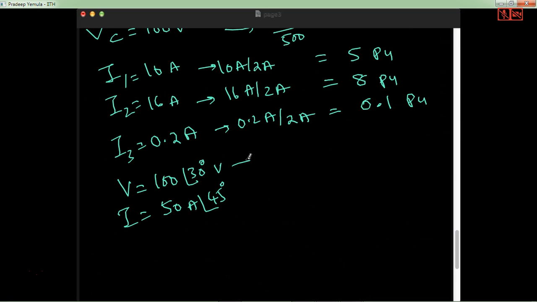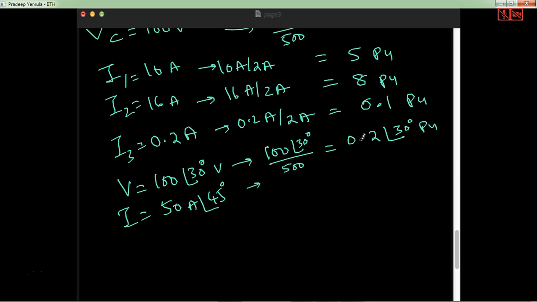So now how to convert to per unit? All the time these per unit base quantities are always just scalars. They are not having any angle or anything. So simply you divide 100 at 30 degrees by your base voltage 500 volts. Then you will get 0.2 at an angle of 30 degrees. So the angle will remain same. Angle will not be affected.